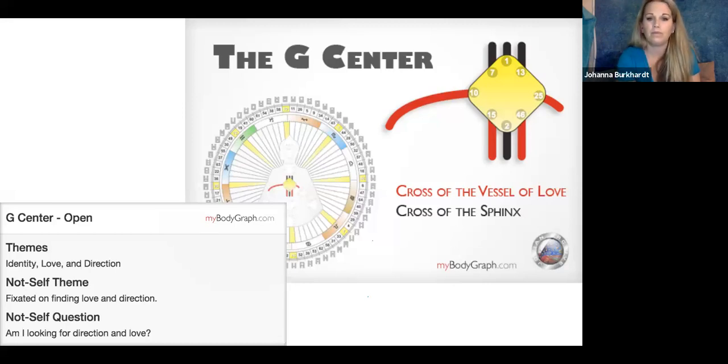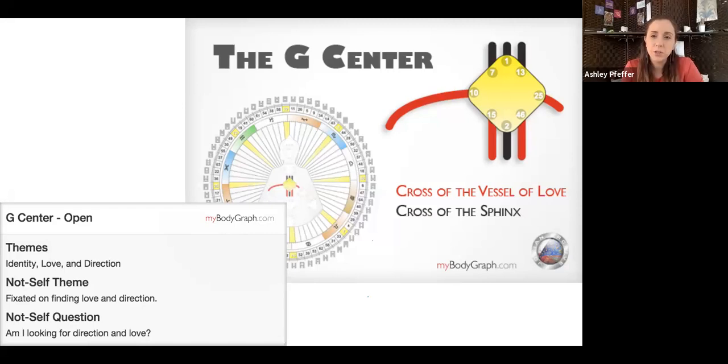Yep, I agree. And a lot of times too, what happens in the center when you have it open and you're kind of searching and seeking for yourself, and a lot of that direction is outside, you're going to plug into somebody as you're observing them who has a real love for something and is very motivated and dedicated from it, and they have that direction in their life, and you're like, oh, I feel that for them.